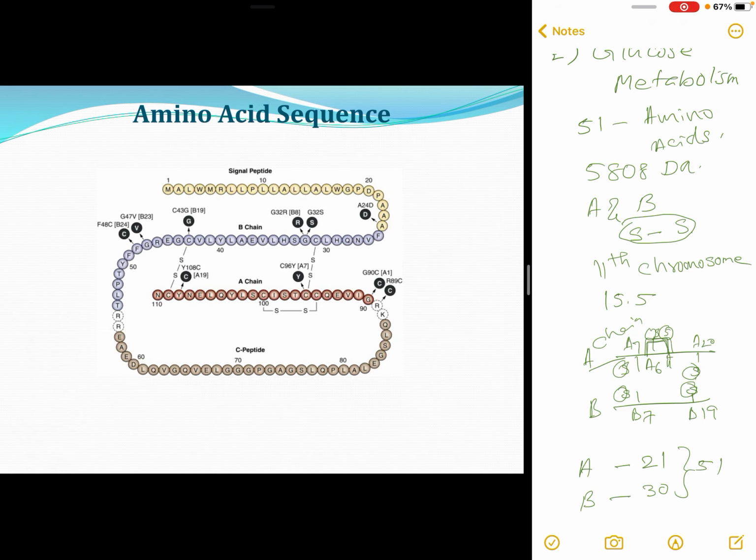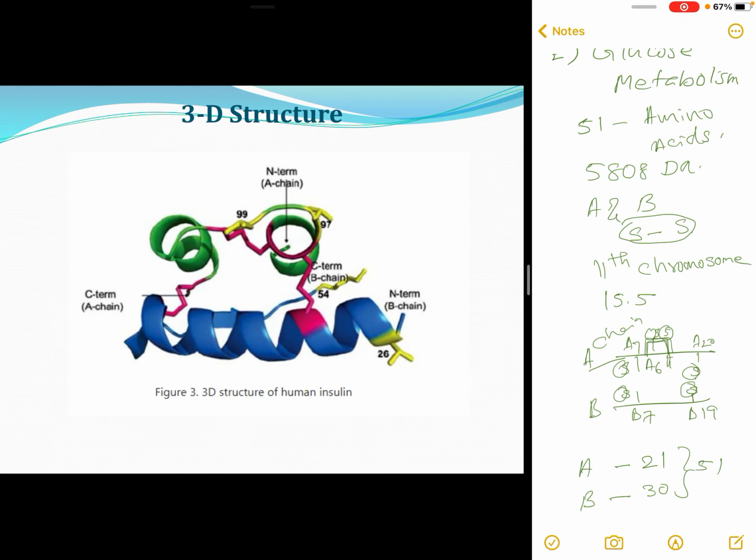You can see the two disulfide bonds connecting the A chain and B chain and putting them together, and another internal disulfide bond in the A chain also. And this is the 3D structure of human insulin, where the magenta color represents the disulfide bonds.